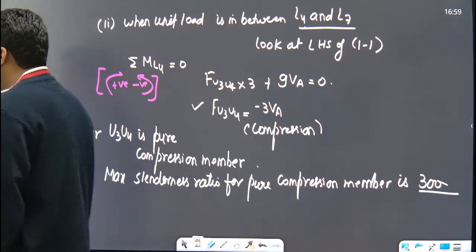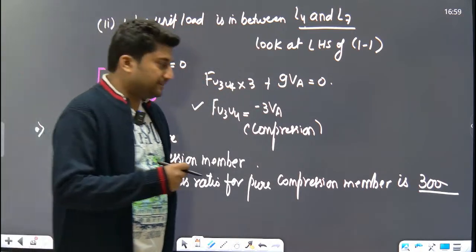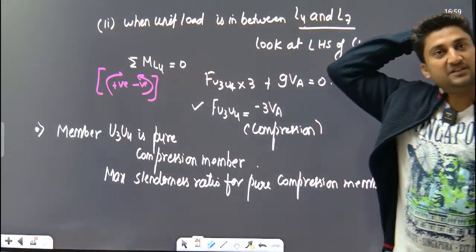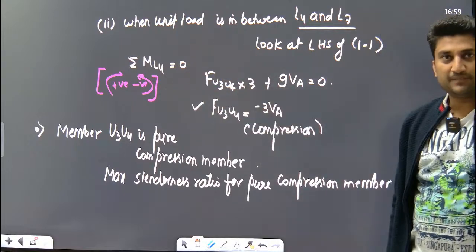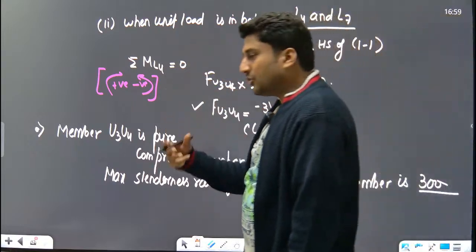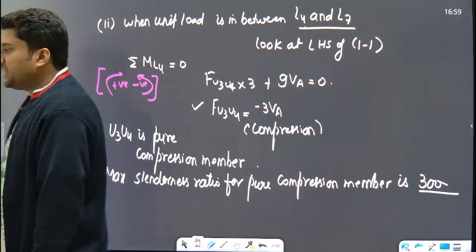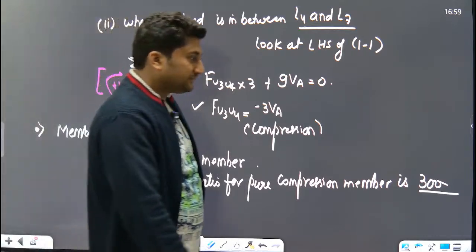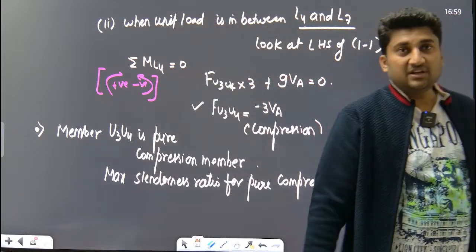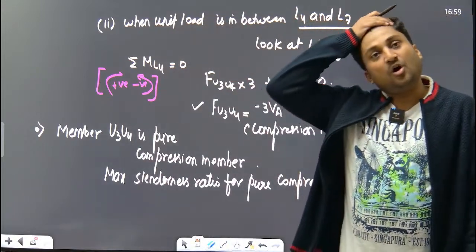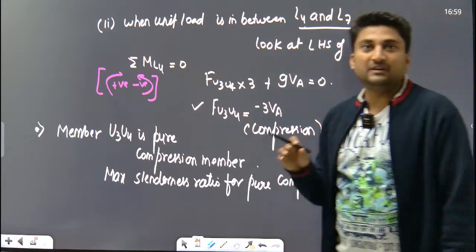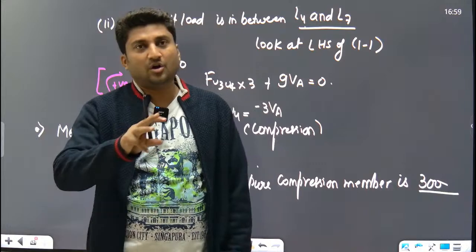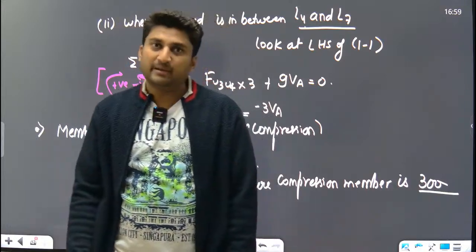At the last moment, I guess this is sufficient. From these concepts only you will be able to solve the question. There are still a few more questions to be taken up, but you can solve them on your own. And in one session we can take up the concept of limit state, design philosophy, limit state method, and we will learn how to design the beam by limit state method.